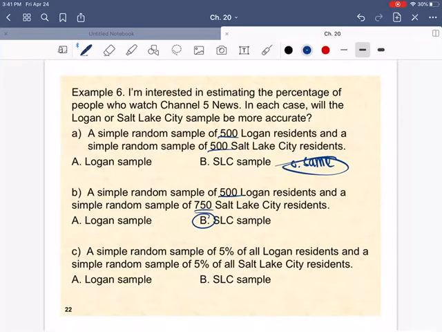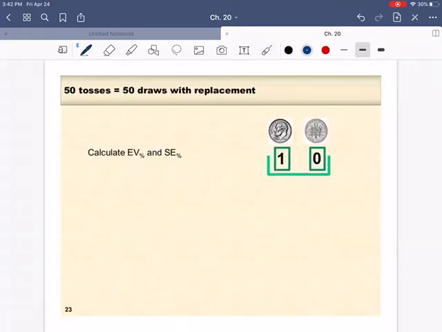Sampled 5% of Logan residents versus 5% of Salt Lake residents. Logan's smaller than Salt Lake. Since Salt Lake is bigger, 5% of Salt Lake is a bigger sample than 5% of Logan. So bigger sample size means more accurate results. It does not matter how big of a population you're pulling that from.